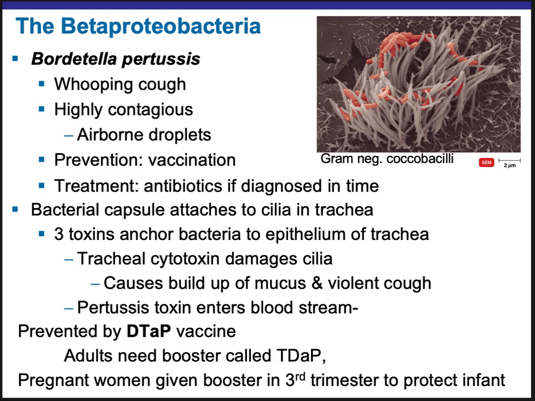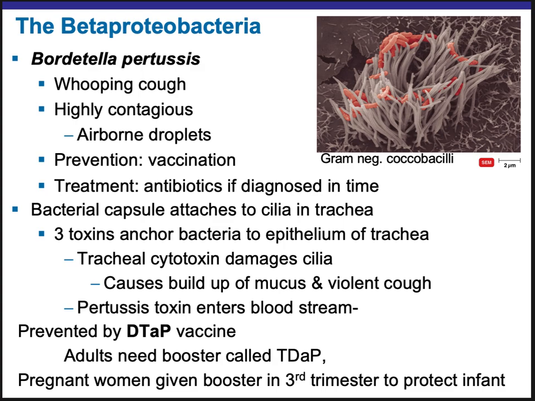Whooping cough used to kill about 10,000 children in the United States every year before the invention of the vaccine. The vaccine is made up of cell fragments of the pertussis bacteria, so that your immune system can make antibodies against those fragments. And we call those fragments antigens.